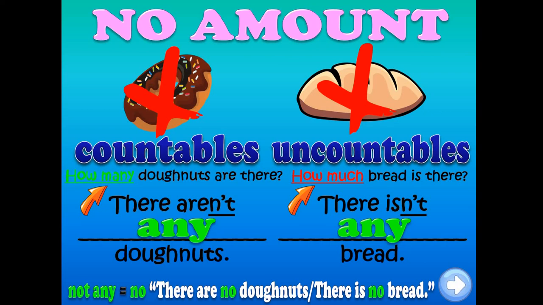So you can say there aren't any donuts or there are no donuts. You can say there isn't any bread or there is no bread. Not any means no. Any means 0. Means you have nothing.